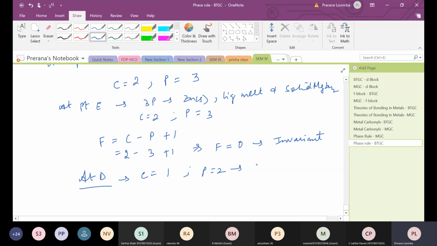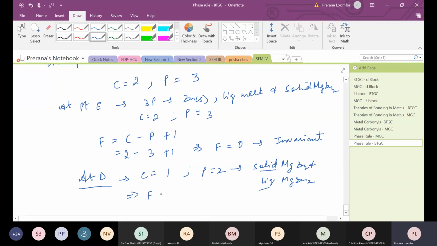At point D you have solid MgZn2 and liquid MgZn2. So it's only one component. It's an intermetallic compound. You do not have magnesium and zinc separately. You have liquid of magnesium zinc, which is molten. So there are two phases, solid and liquid, and only one component.